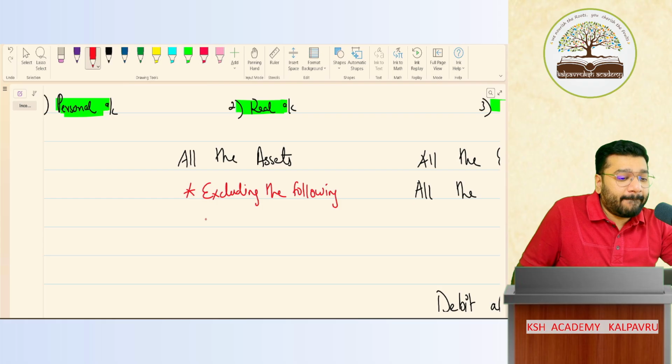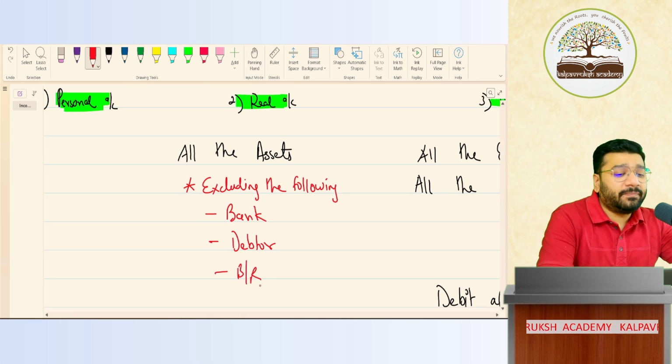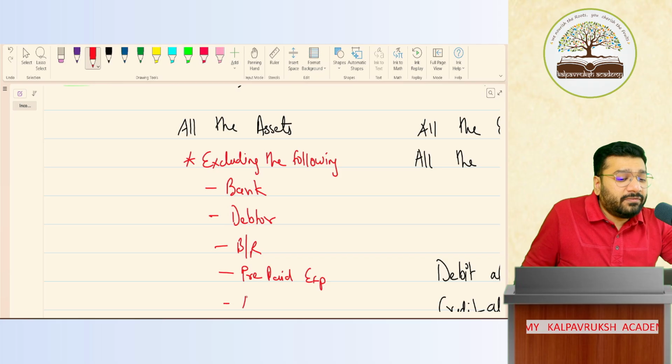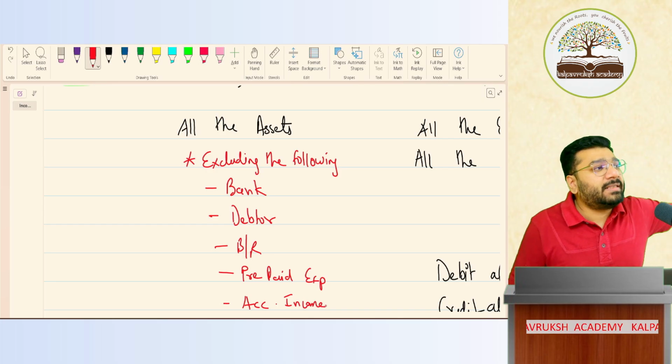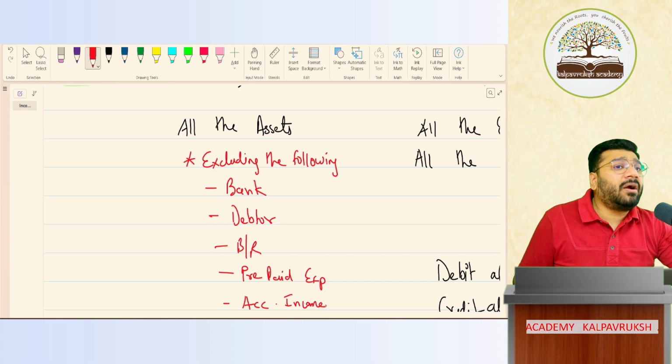First one is bank. Second is debtor. Third is bills receivable. Fourth is prepaid expenses. Fifth is accrued income. Except these 5, all the other assets will go to your real account.